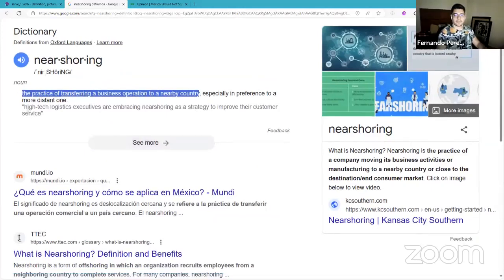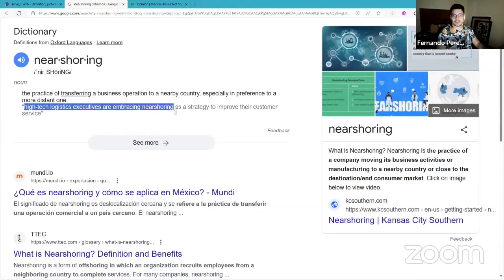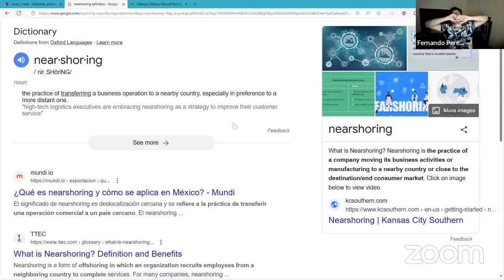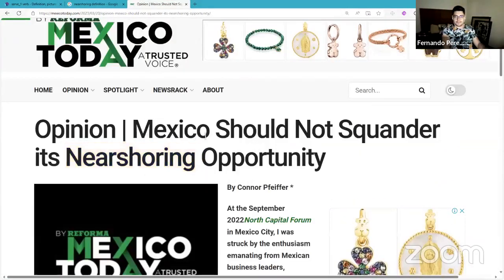Example: high-tech logistics executives are embracing nearshoring as a strategy to improve their customer service. What is nearshoring? Let's say Mexico working with Guatemalan people. You know? Understanding nearshoring?